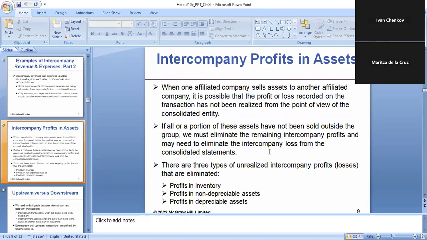So what's going to happen if we have assets? Well, pretty much the same thing. When one affiliated company sells an asset to another affiliated company, it's possible the profit or loss recorded on the transaction has not been realized from the point of view of the consolidated entity.